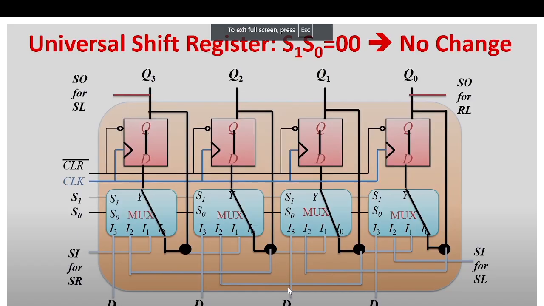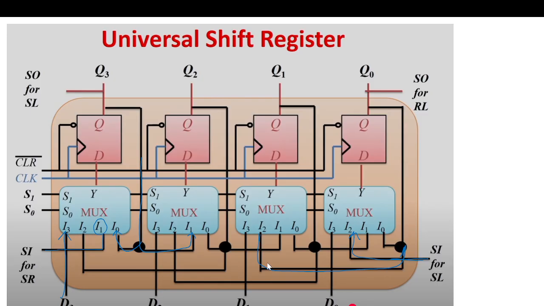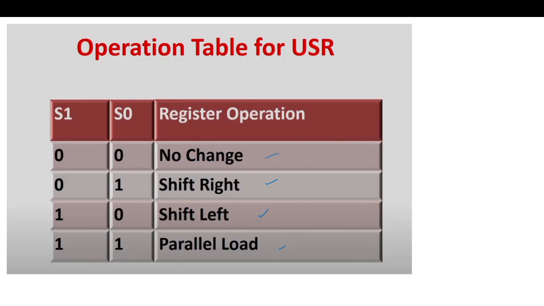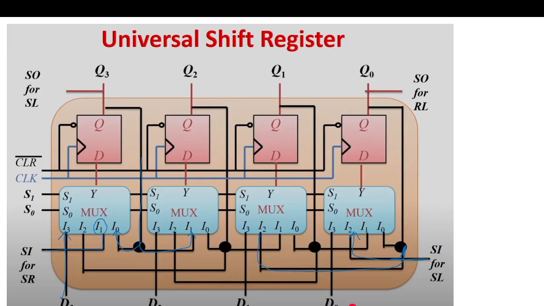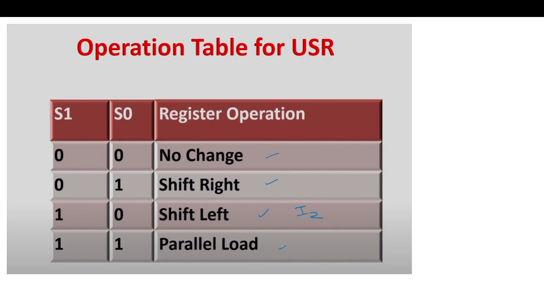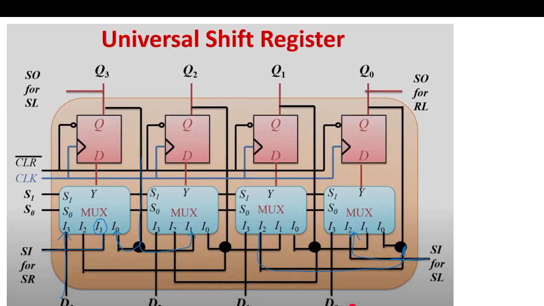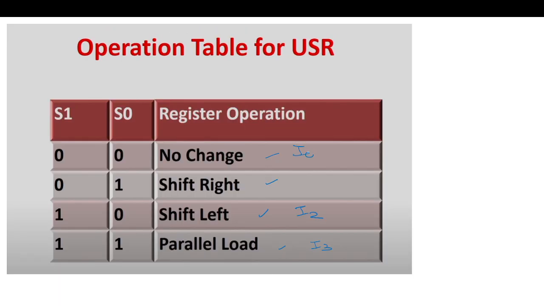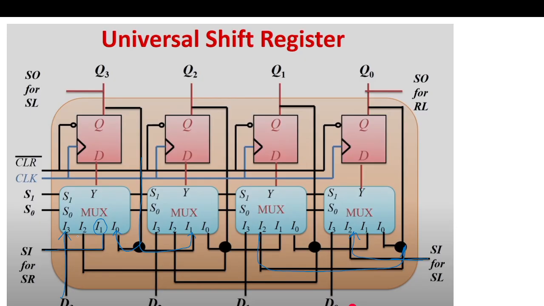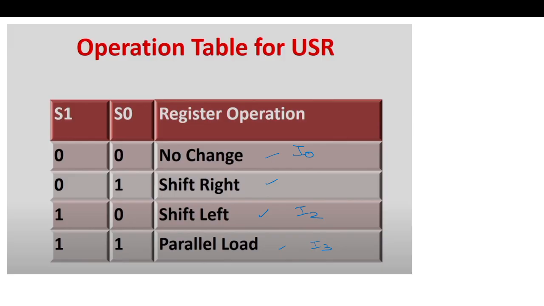So here, we saw I2 is performing this left shift, and we observe I3 is performing parallel in, and I0 is performing no change, and I1 is performing right shift.